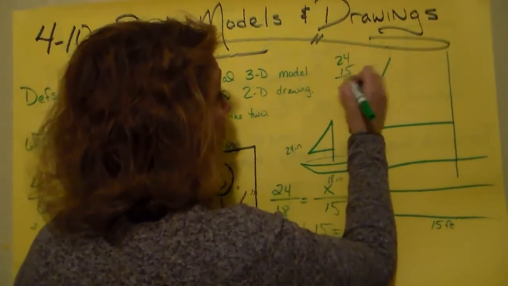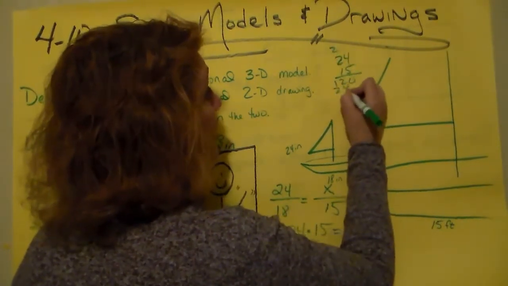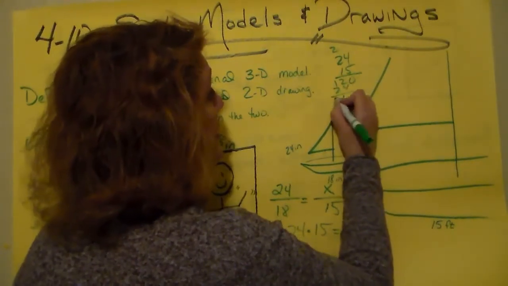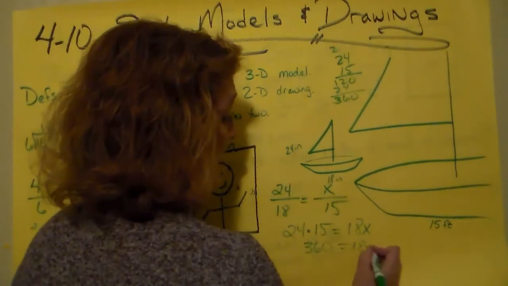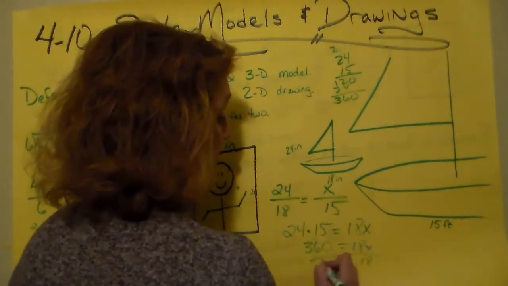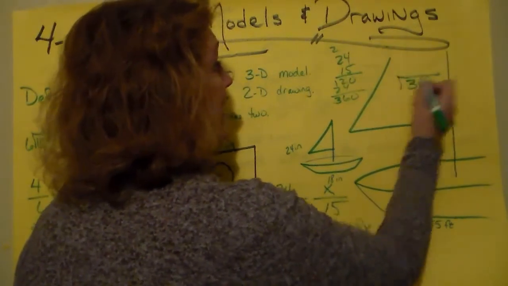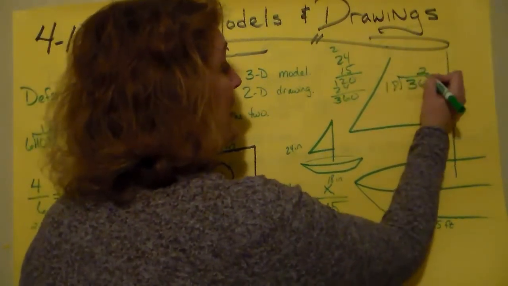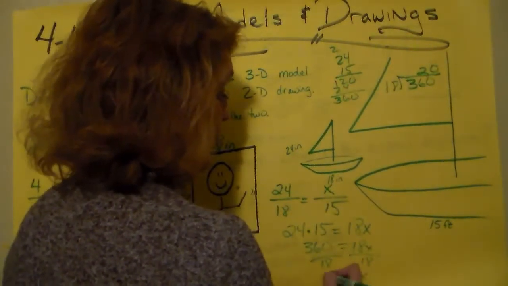24 times 15 is 360. So 360 equals 18x. I'm going to divide each side by 18. And 360 divided by 18 is 20. Woohoo! X equals 20.